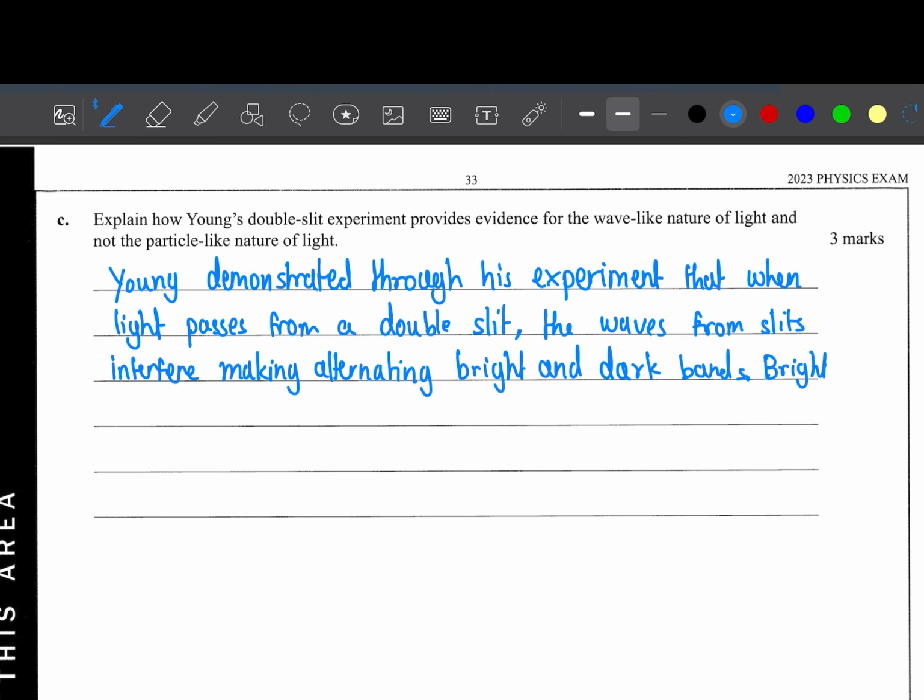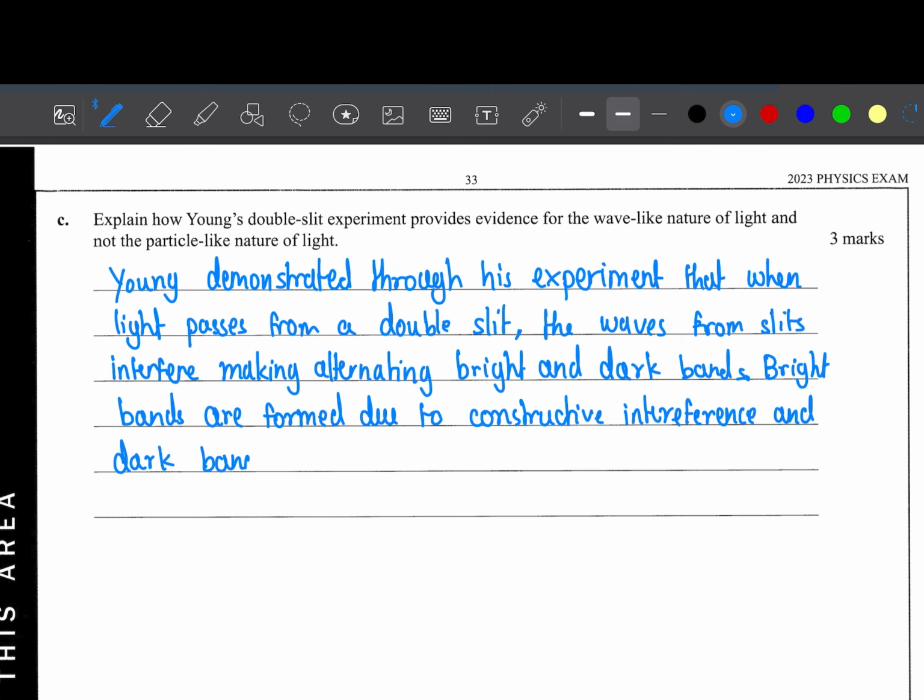So bright bands are formed due to, what was that word? Constructive interference. And dark bands are formed due to destructive interference.